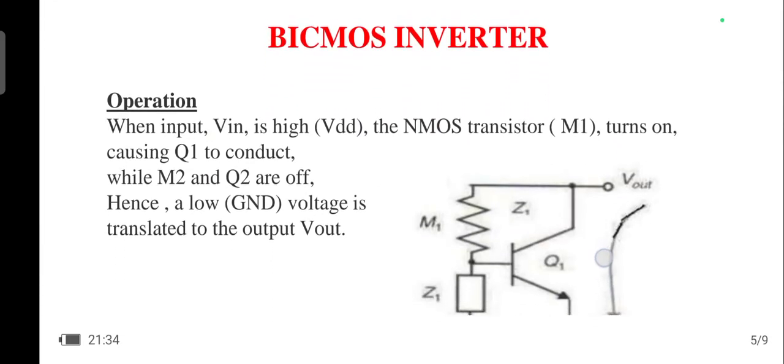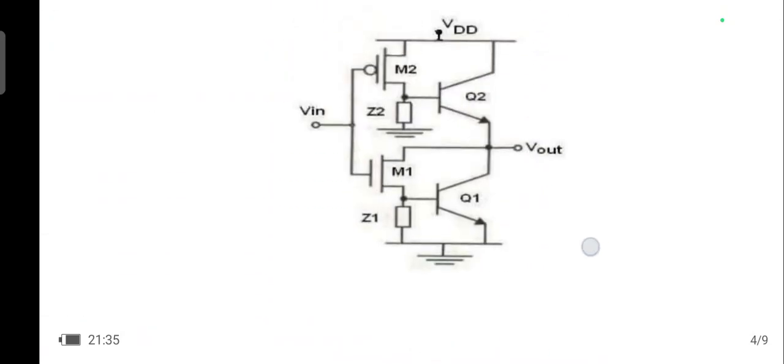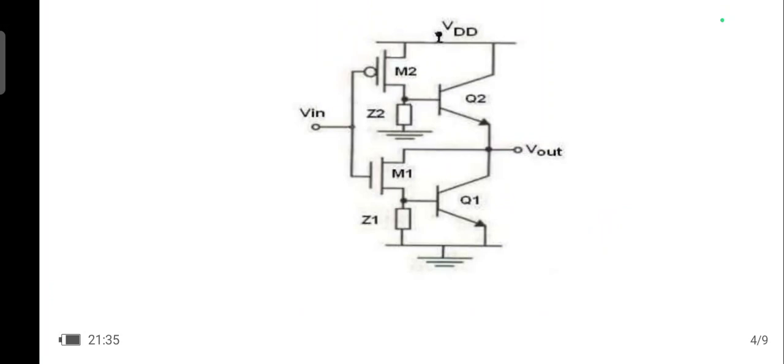Coming to the operation of the BiCMOS inverter, whenever Vin is high, that means VDD, the highest possible voltage, the NMOS transistor M1 is turned on, as well as Q1. Why? Because the M1 transistor is an enhancement mode device which requires a high input voltage to meet the threshold voltage requirement.